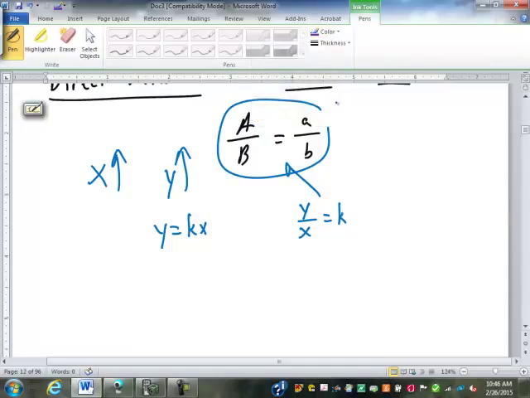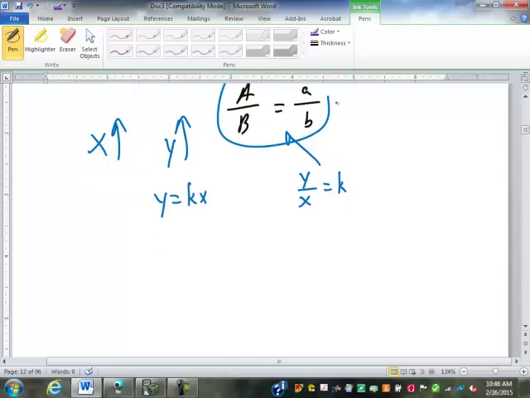Things that have direct variation are proportional, like the similar triangles we talked about. If one triangle is an enlargement of the other, it's direct variation. One side gets larger, the other side gets larger by the same ratio. Let's do some examples of direct variation, how it would work.